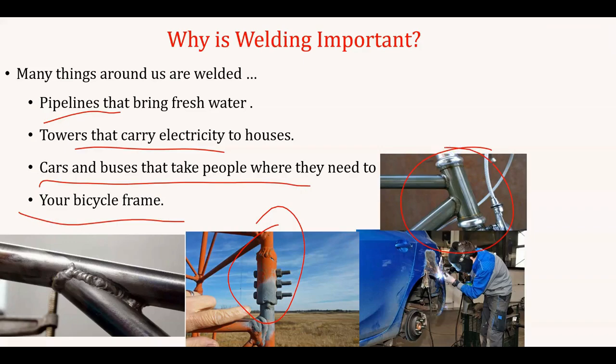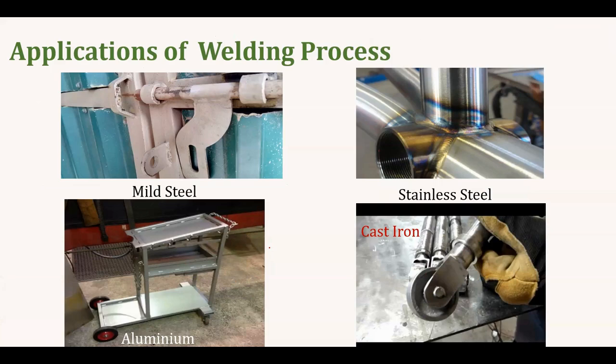Like that, all the components we see in our day-to-day life are welded because we need some permanent joining. That permanent joining can be made only by the welding operation, other than bolts or nuts, because those are temporary joints. Whenever we need, we can remove them. But welding is a permanent joint and cost effective, so we cannot skip welding in our real life.